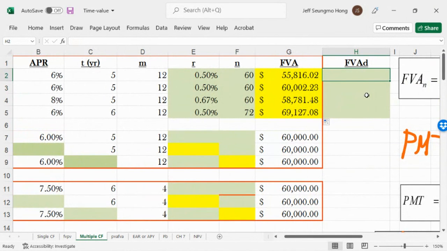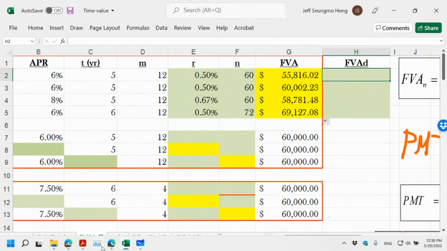And then if we use annuity due, how much difference is it going to make? It will make some difference. Let's see. But what did I tell you? What's the difference between ordinary annuity and annuity due? Does anyone remember?